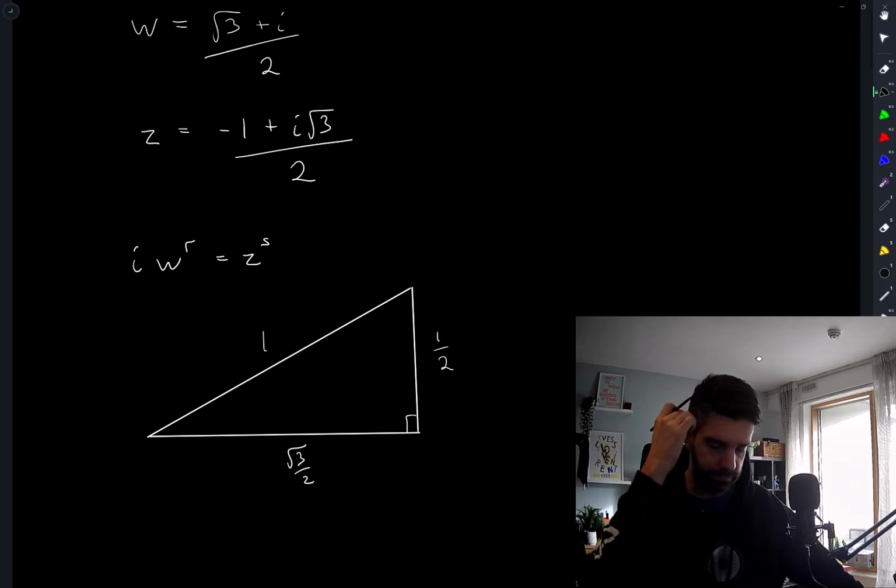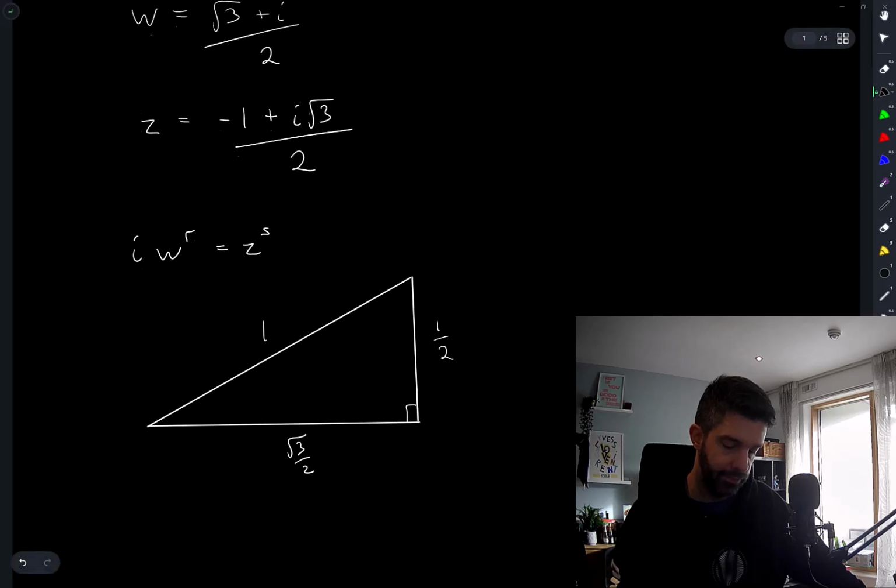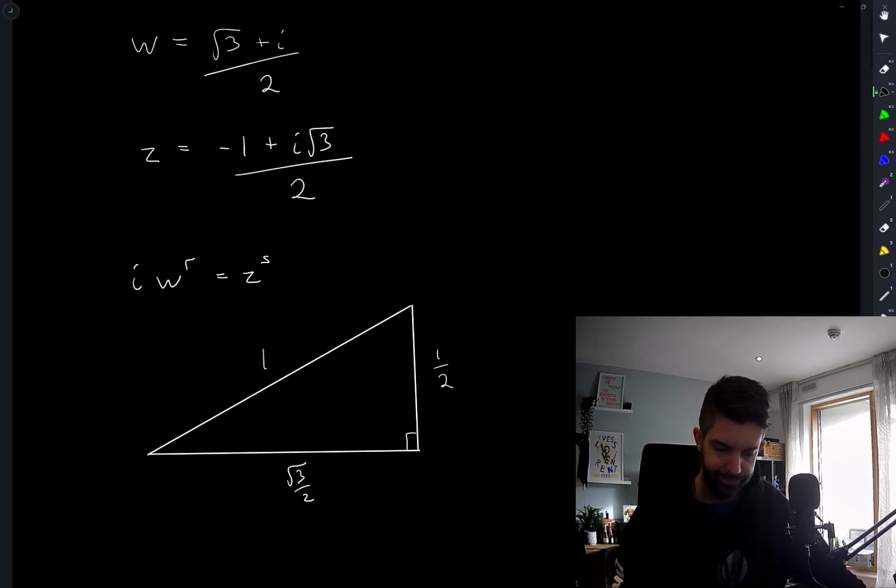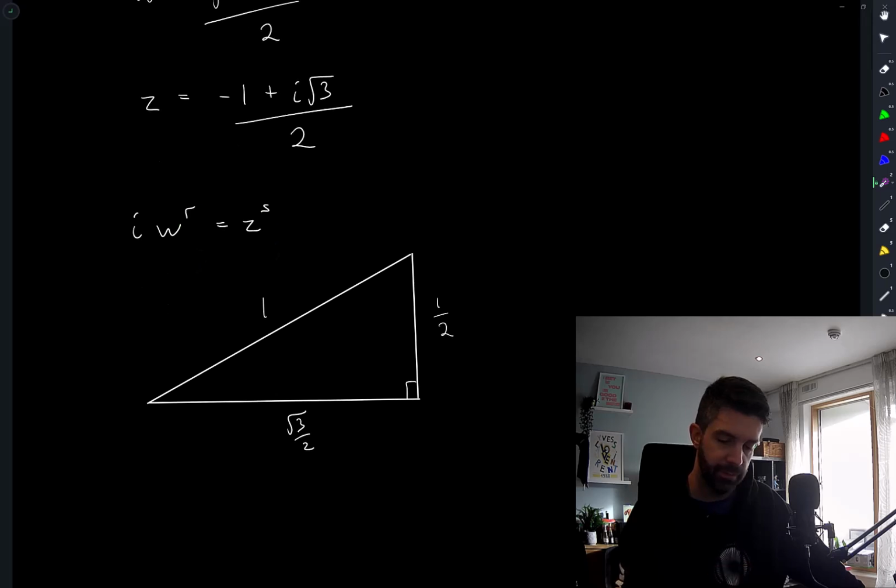So, yeah, both of them have a modulus of 1. Oh, okay, hold on. If they have a modulus of 1, then what I said earlier is not true. I did not think that these would have a modulus of 1.